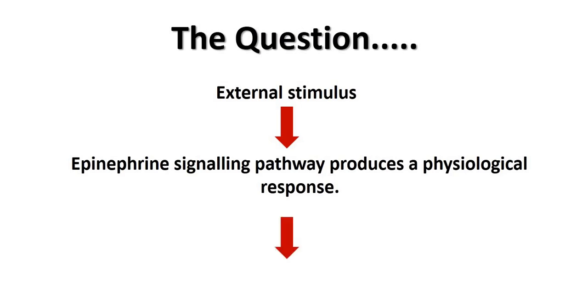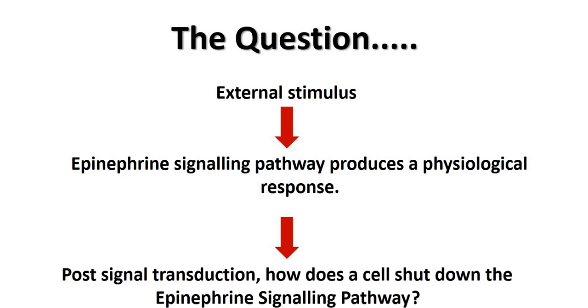But after the signaling gets complete, that is post-signal transduction, the question is, how does the cell shut down the epinephrine signaling pathway? That is the major question that we are going to address in this video. To this end, let's visualize the diagram.